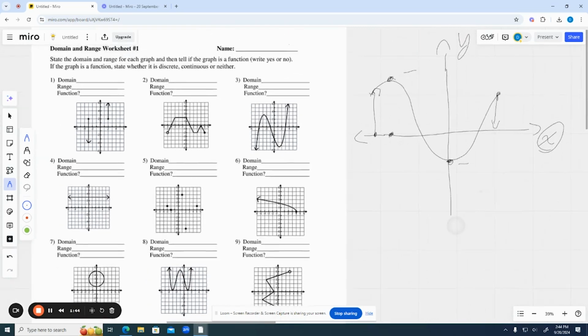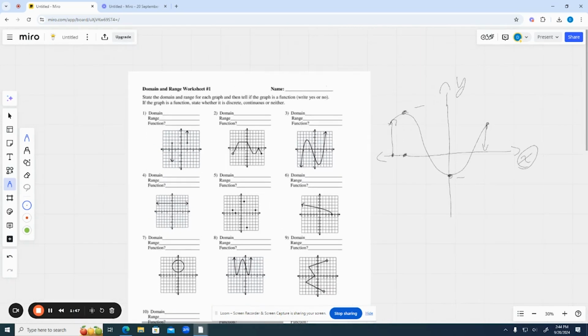And another thing is, let's say you have a graph. Let's erase this one here. That, let's say, is like this. And you see some of them like that with the arrows on the problems here. If you have something like this, the arrow means this graph keeps on going to the right and to the top, farther and farther, and it keeps going on.